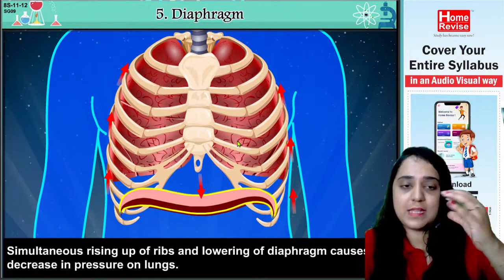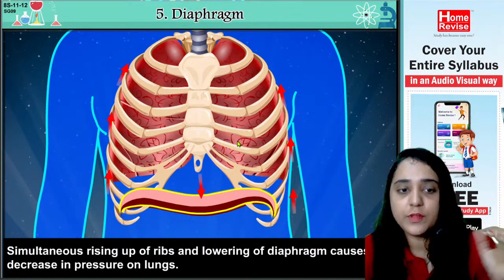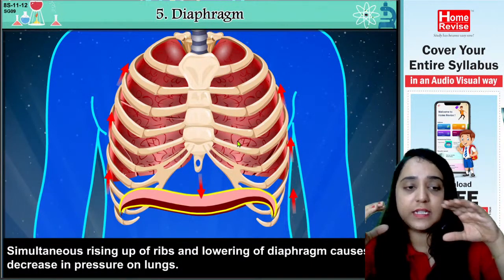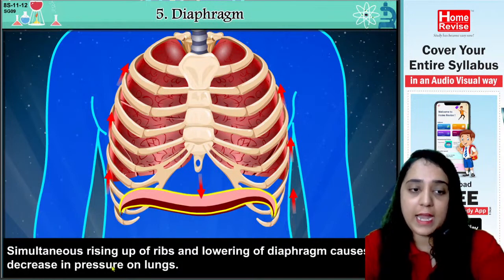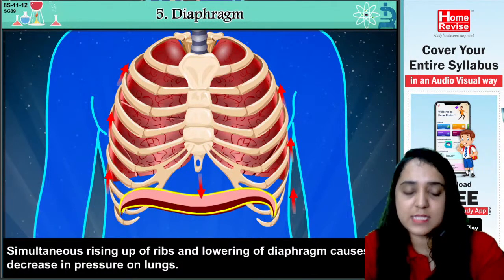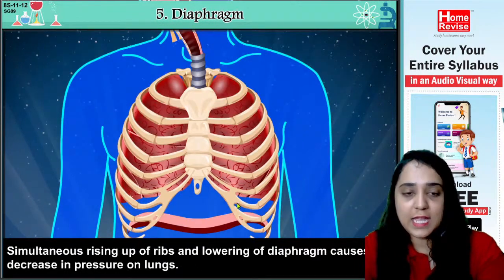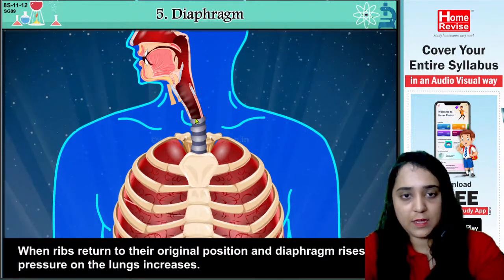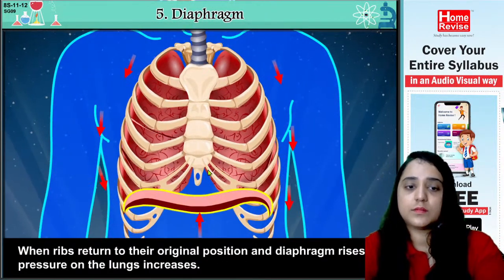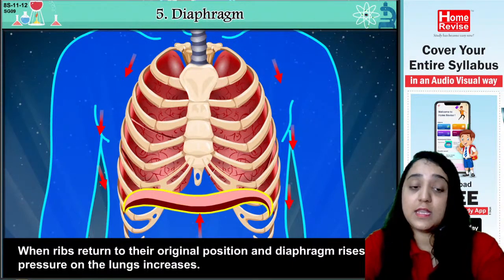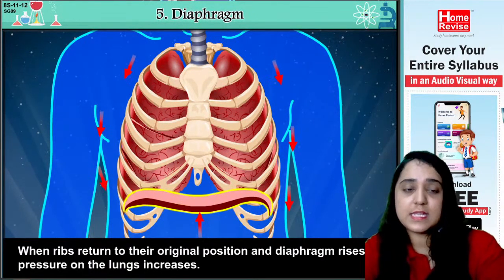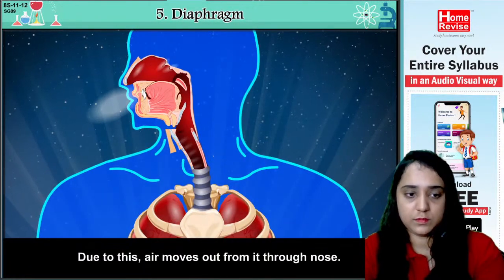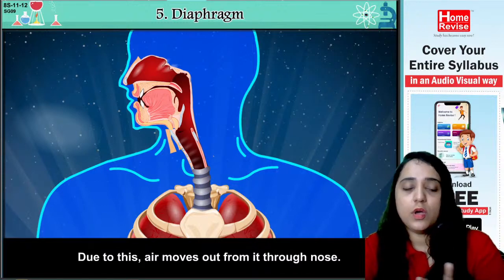As the ribs are rising up and the partition is lowering down, this creates a decrease in the pressure on the lungs, and as the pressure in the lungs decreases, air moves into the lungs through the nose. When ribs return to their original position and the diaphragm rises up, the pressure on the lungs increases. Due to this, air moves out through the nose. So this is how it works.